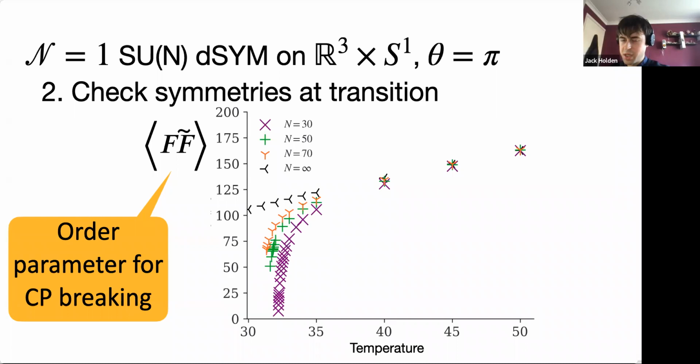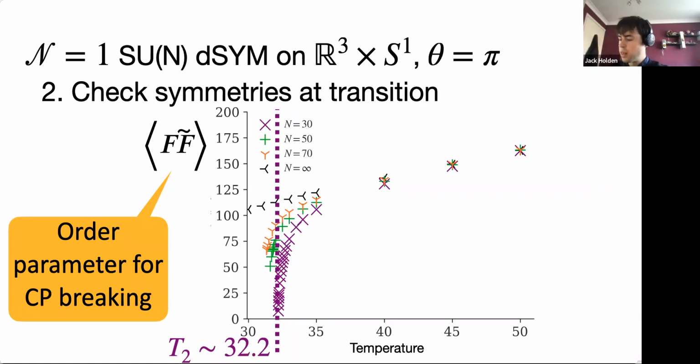So next we check for the CP symmetry breaking and see if it corresponds to the same point as the partial saddle emerging. And so this is the order parameter of CP breaking, and we can see it for N=30. We again see that it occurs right at this point of 32.2.